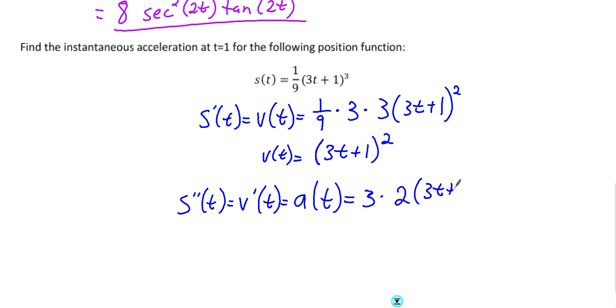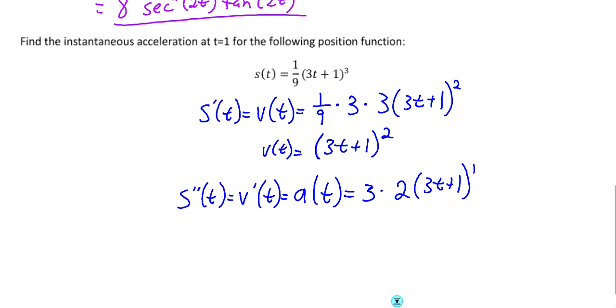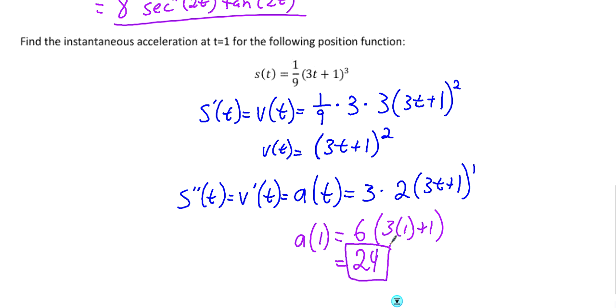Bring the 2 out front. 3t plus 1 to the first power. And of course, we're trying to find the instantaneous acceleration at 1, so we're going to plug in 1. So 3 times 2 is 6, times 3, plug in 1 for t, and then we get 6 times 4, which is 24. So that is our answer.